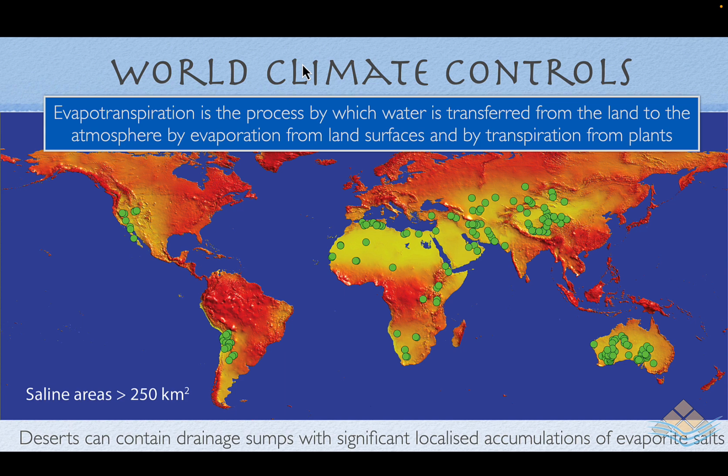Once again, we can see those belts line up with the yellows, the regions of reduced vegetation and elevated evaporation, defining the arid zones of the world. But we can see there are bands which extend to the north and to the equator, and we'll have a look at the reasons why those bands lie outside of those two equatorial belts of desert centered on 30 degrees north and south of the equator.